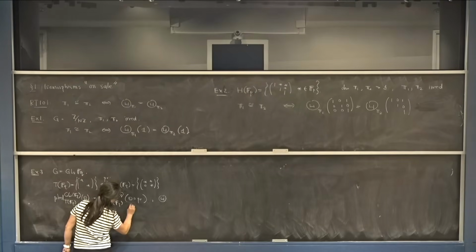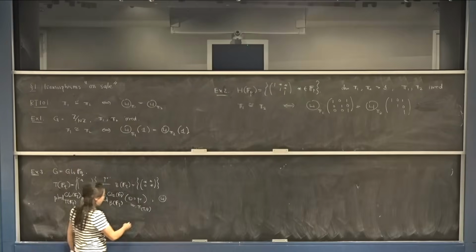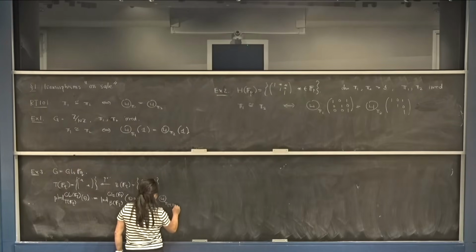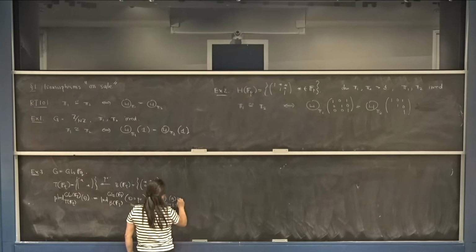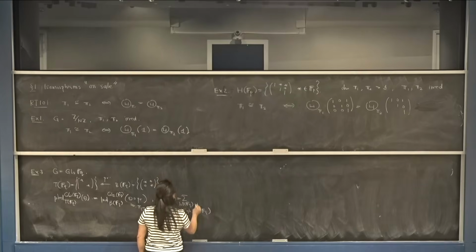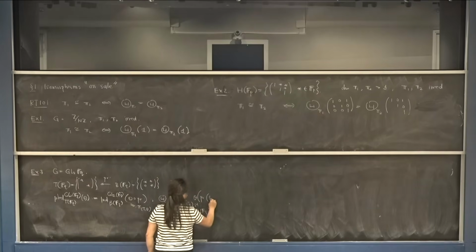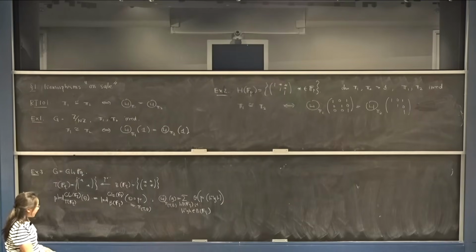I'm going to call this representation pi_theta. If I take the character of pi_theta at some element g inside my group, this is just an averaging process, a sum of theta of projection of the conjugate. OK, so it's a nice, clean formula, but it doesn't look like it immediately gives you numbers.